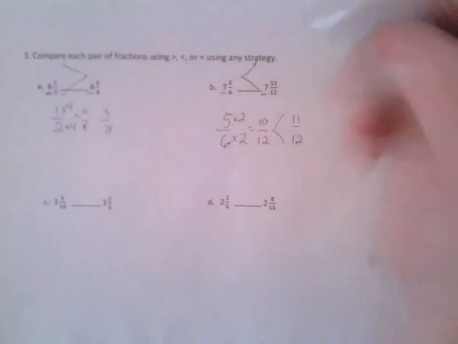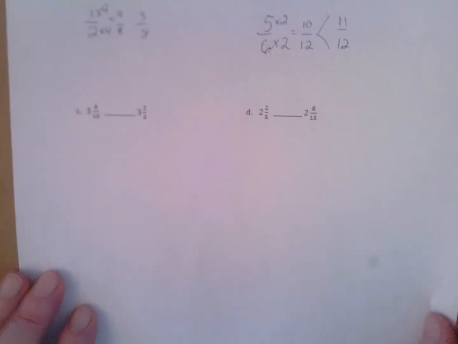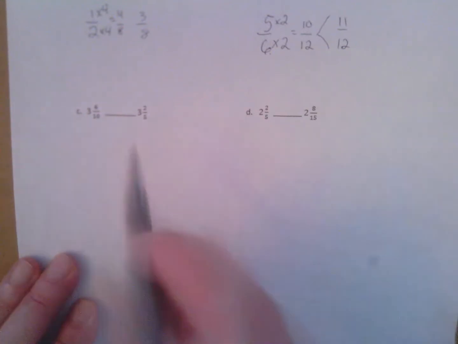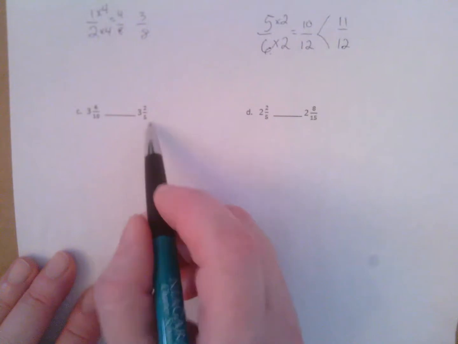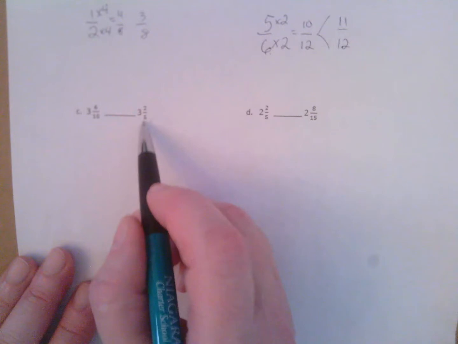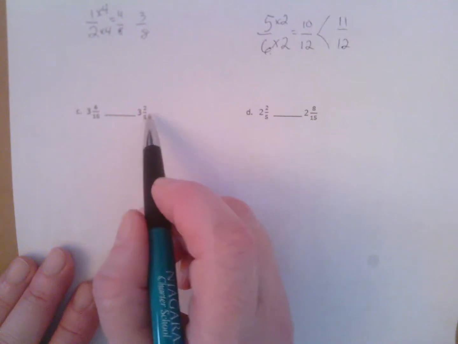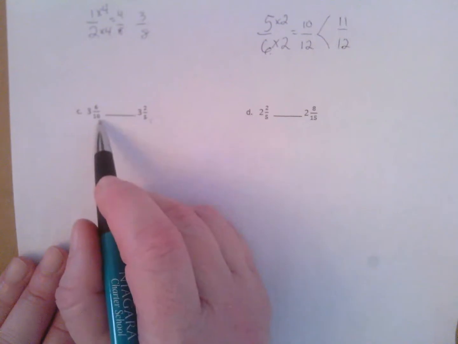Okay. And let's go ahead and do letter C. Again, we're going to use multiplication. In order to do this one, we're going to rename each fraction using multiplication to change the 5 into the new denominator of 10, because 5 is a factor of 10.